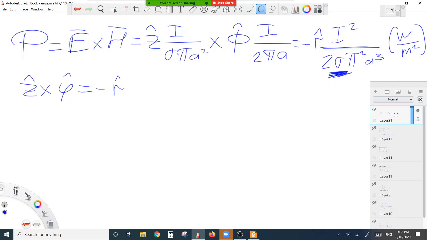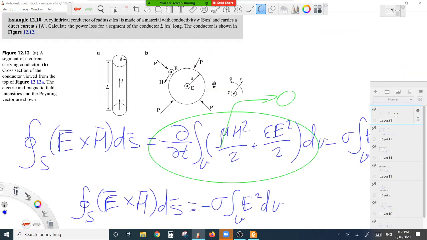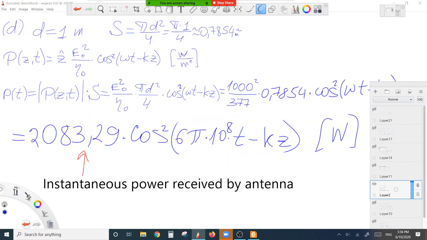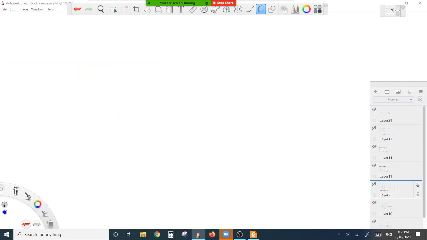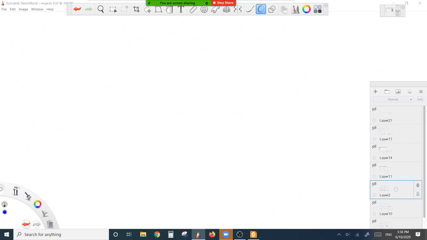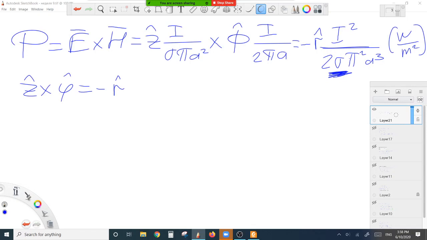Thus, we evaluate the total power P from the equation that we have already used in previous problems.